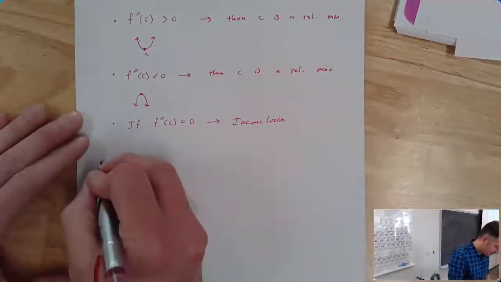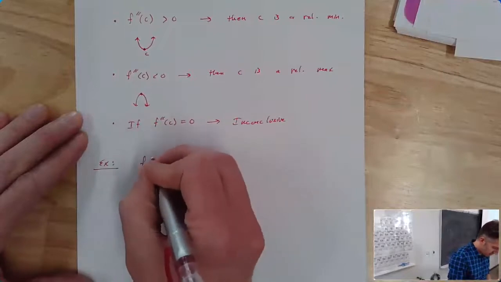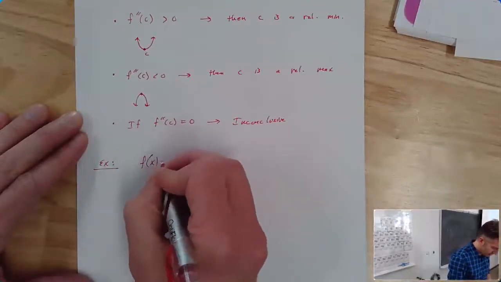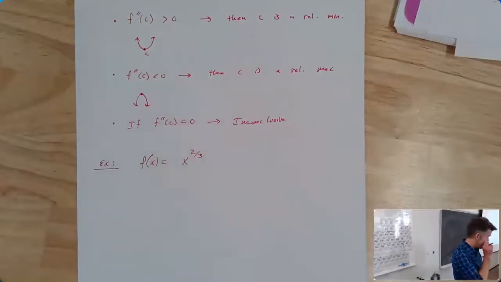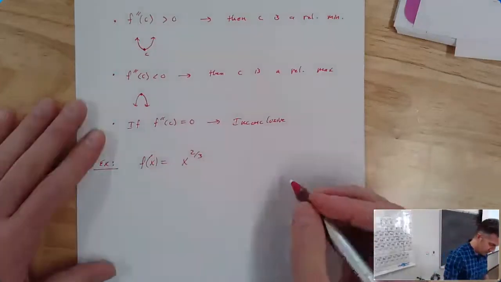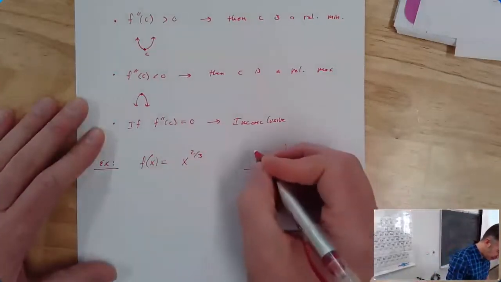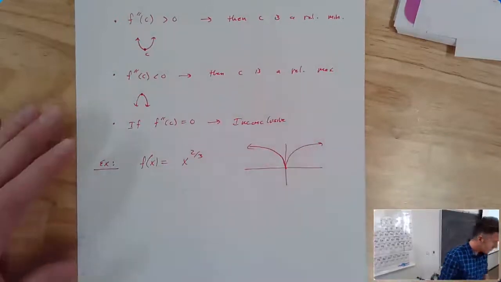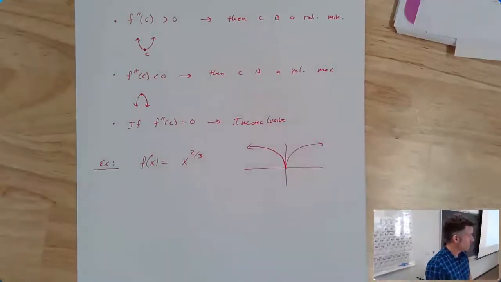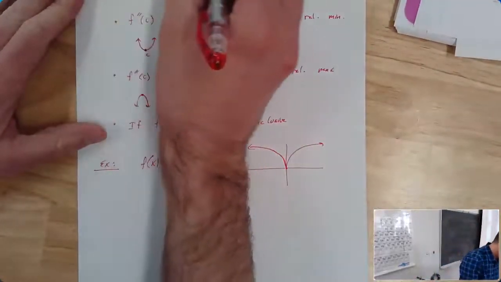So here's an example of a function f of x equal to x to the 2/3, which definitely has a relative minimum at (0, 0). Right? The graph looks like this. And here, this second derivative test would be totally not helpful.